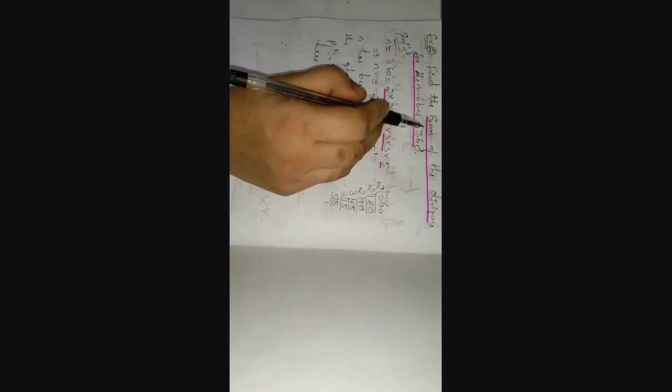Therefore, what we need to find is the sum of the divisors here. This formula you have to remember: S of n, the meaning is the sum of the divisors of n. What is that n? 360.